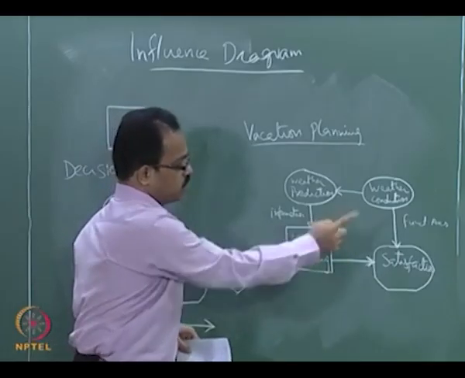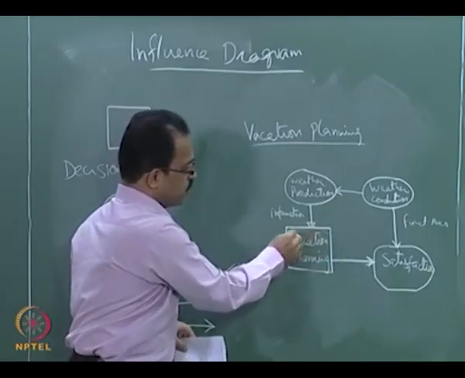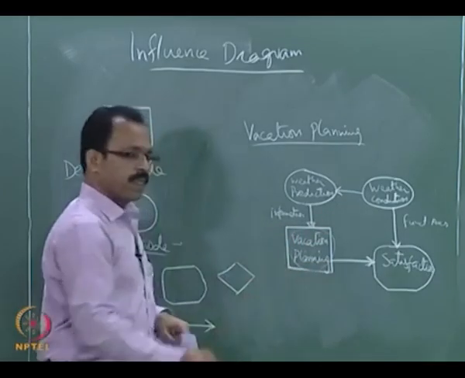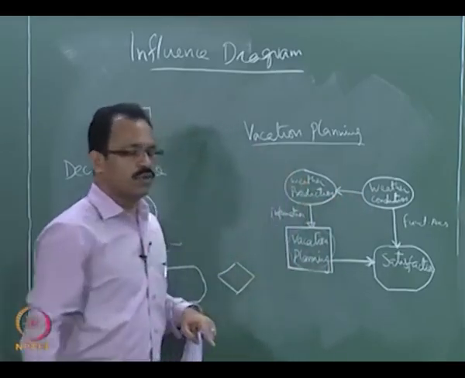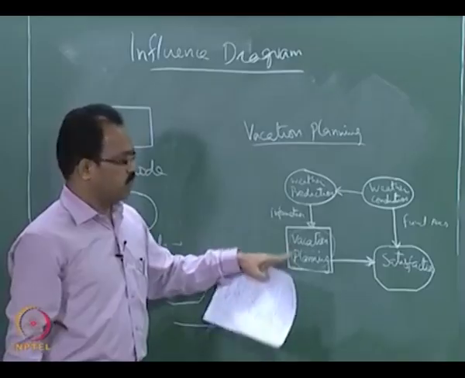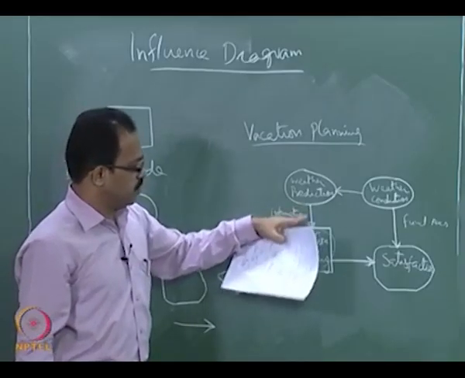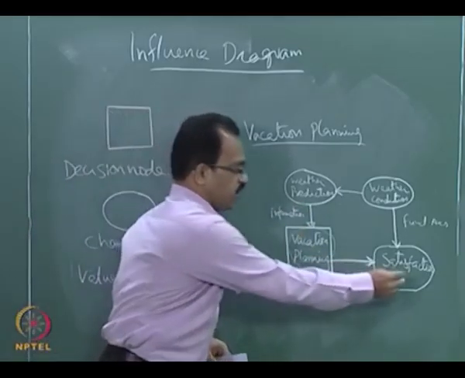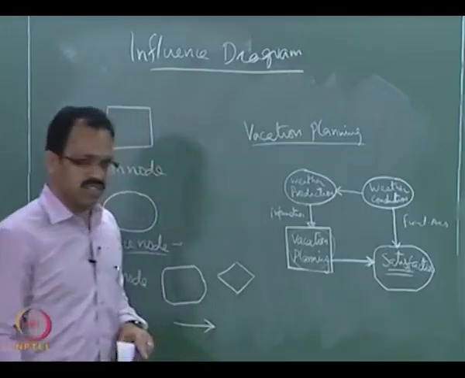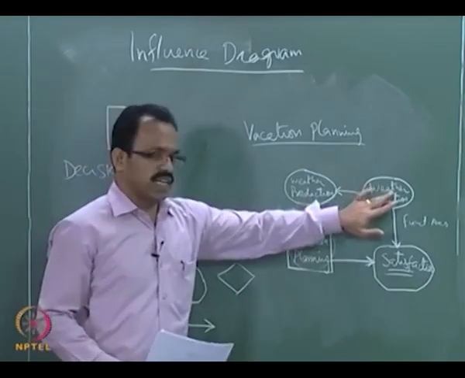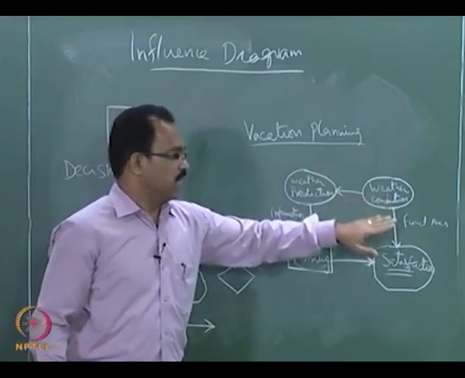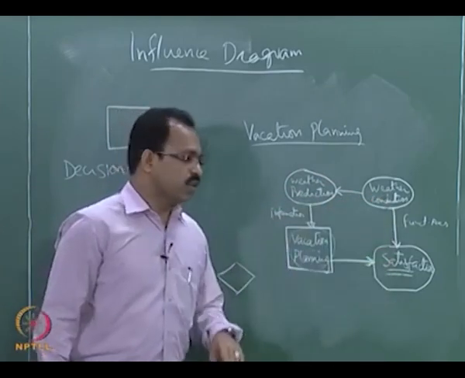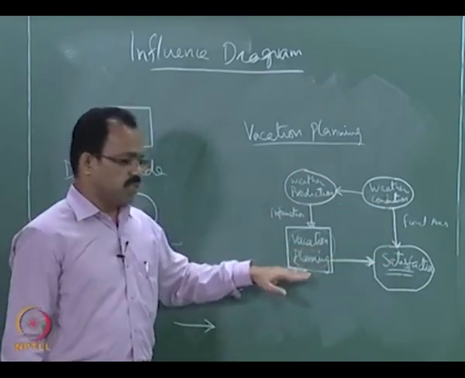So this shows that what is going to influence the vacation planning is not the weather condition, it is the weather prediction. That is why we have an information arc here, and the satisfaction or the value of the vacation depends on the weather condition. It has nothing to do with the predicted weather; the actual weather condition decides the satisfaction level of the person who plans the vacation.